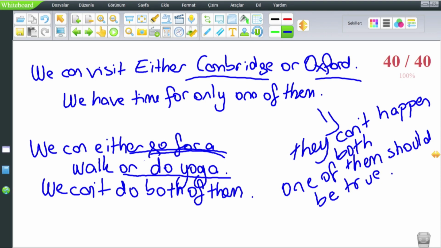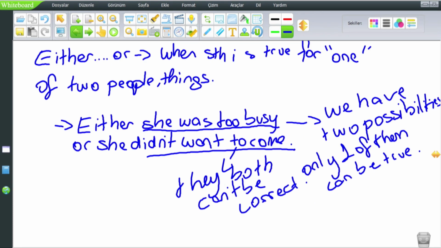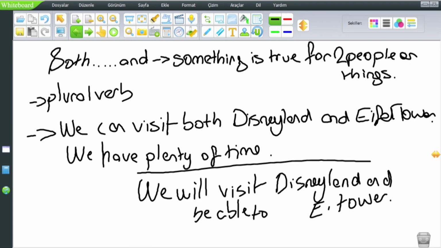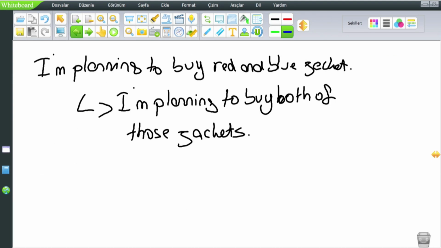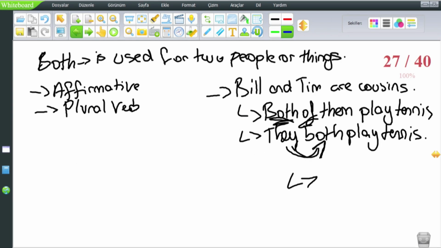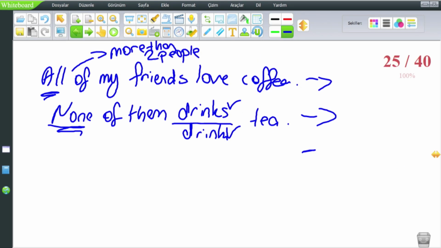And now it is time for comparatives and superlatives. But before we jump into that, let's review all, none, neither, either, both. We started with all. We said that we use all for more than two people or things.